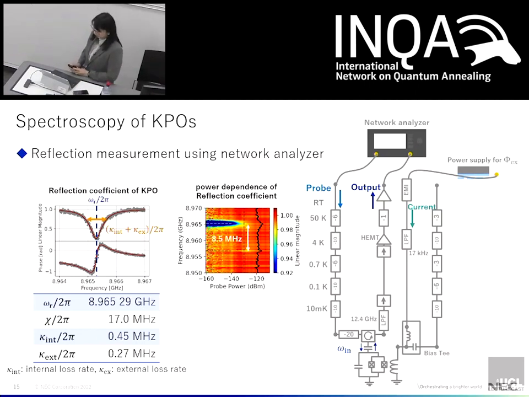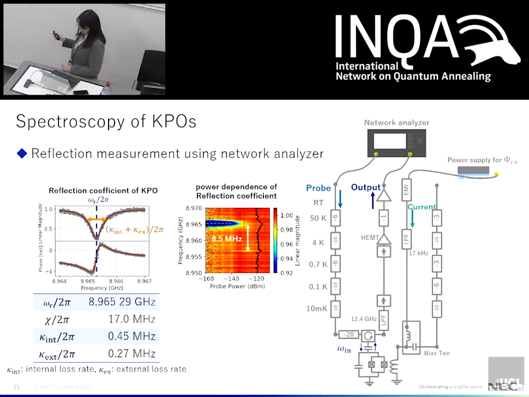Now, I will explain the details about KPO spectroscopy. The reflection coefficient of KPO is measured using a network analyzer. Here is an example of the measurement, which shows the Lorentzian type reflection characteristic around the resonance frequency.